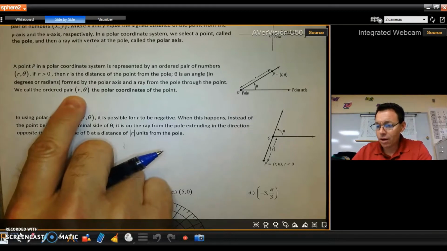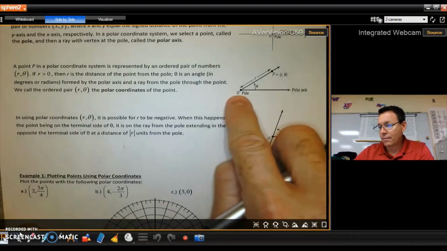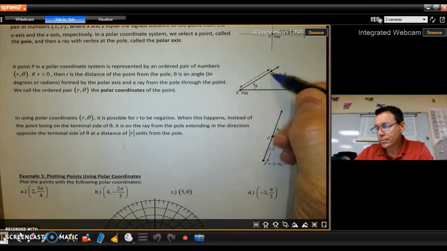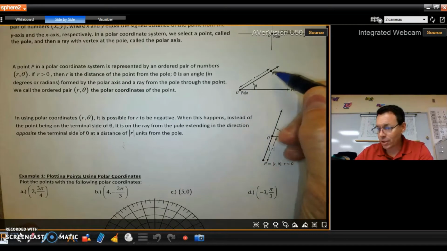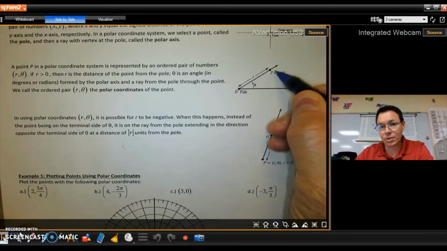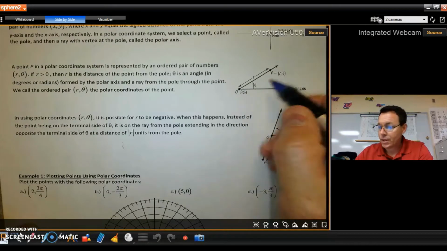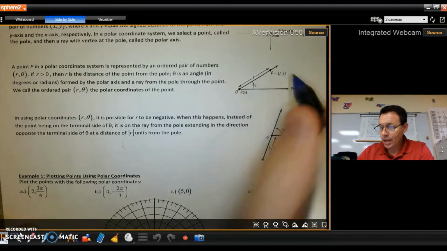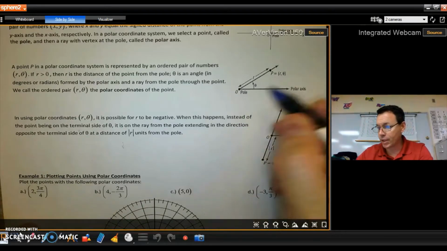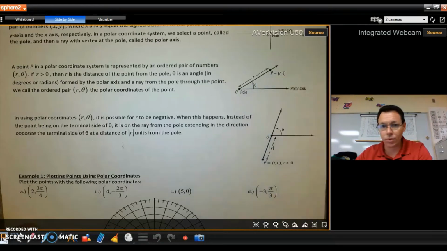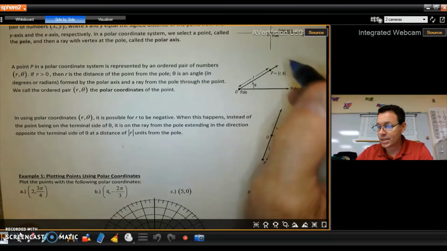And then r is how far out it is. So you point to the point, and then you walk out in that direction a certain amount, and that's your r. Your theta is your angle, and once you've got your angle, you know which way you're headed, you just start heading that way. You'll go 1, 2, 3, 4, however many you need to get to that point.